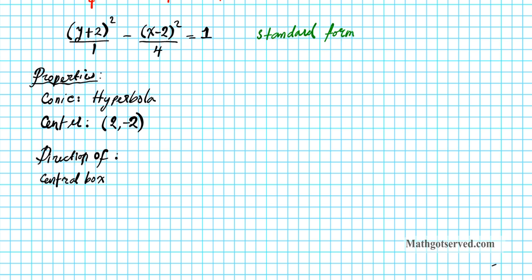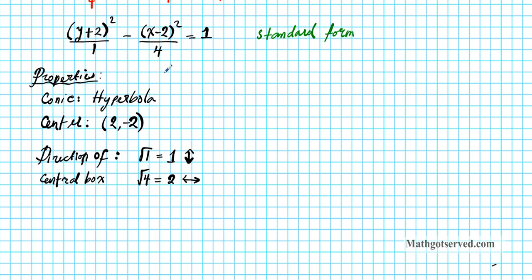Okay, so underneath the y squared quantity we have 1, so we're going to do the square root of 1, which is 1. So we're going to go up and down 1 unit, and then square root of 4, which is 2, is underneath the x, so the central box goes side to side.